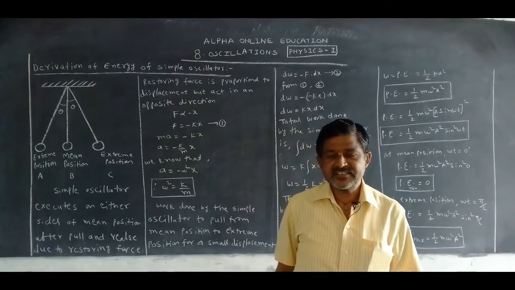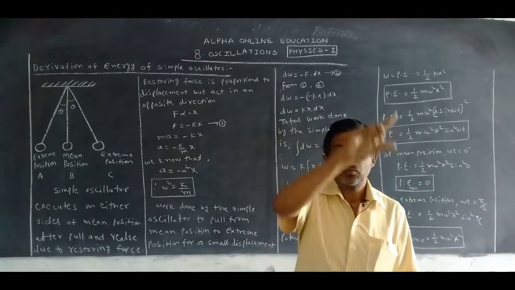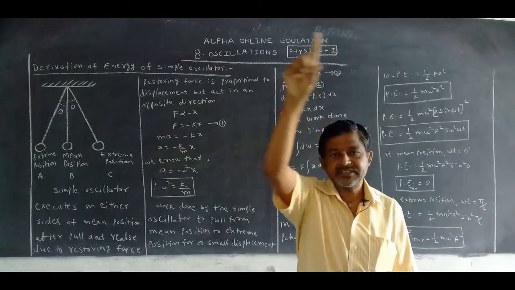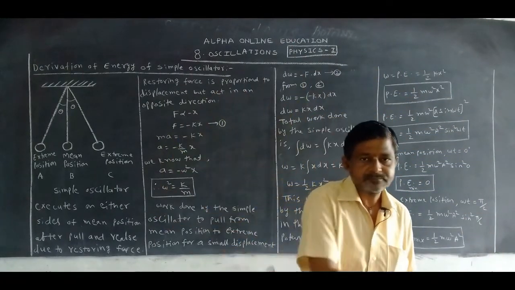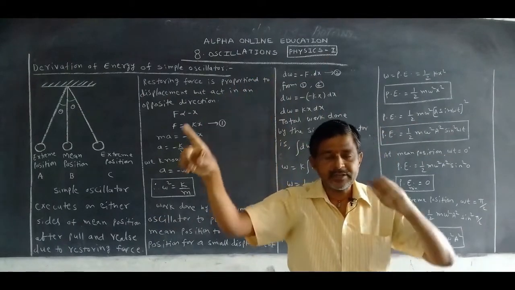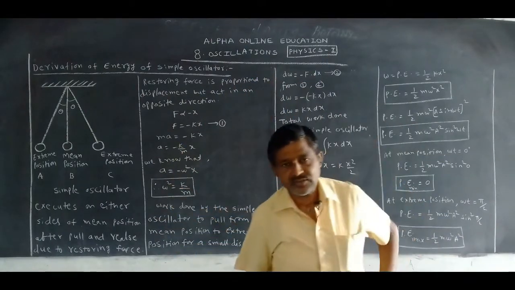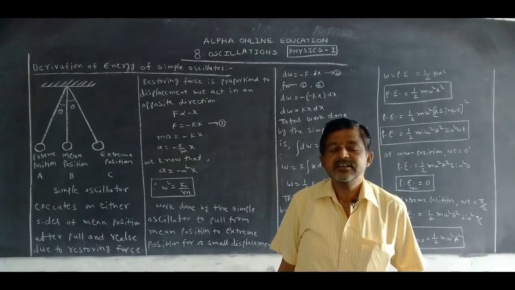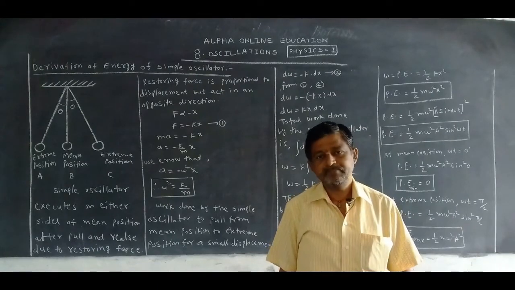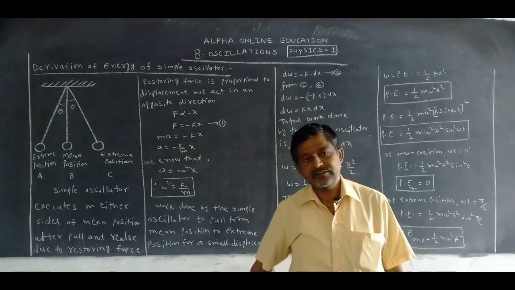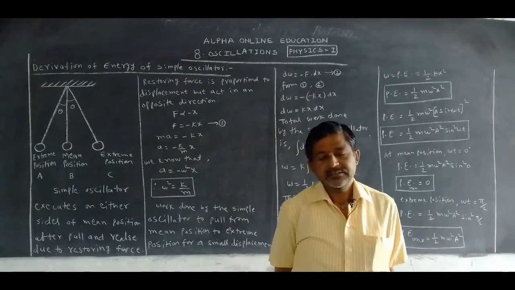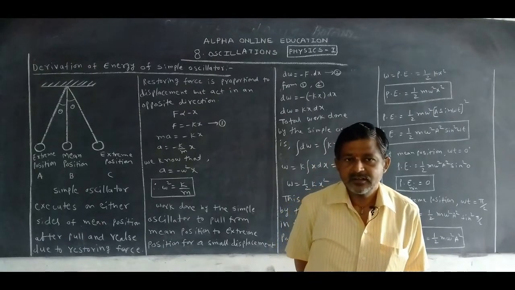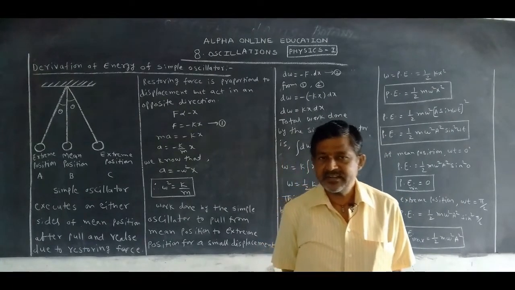In the last classes we studied two. One is a particle moving in uniform circular motion along the circumference of a circle, which we proved is simple harmonic motion. From that topic we proved that the displacement of the simple oscillator is expressed in harmonic functions, sine and cos.